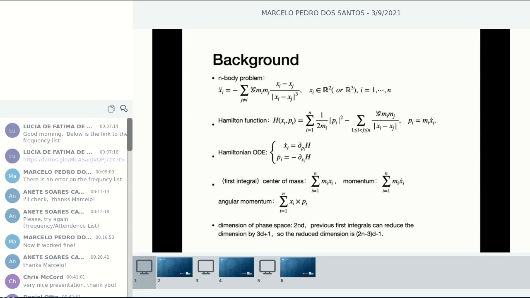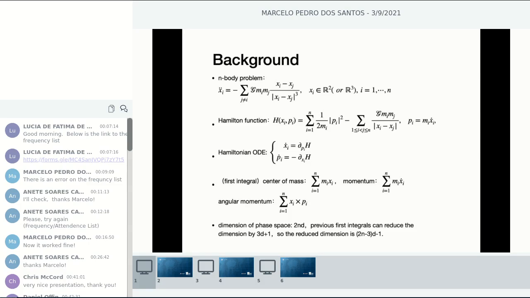Basically, this equation can be generated by the Hamiltonian function, just like this. Here, p_i is the momentum, and x_i dot is the velocity. Apparently, we have the standard expression for the Hamiltonian ODE.